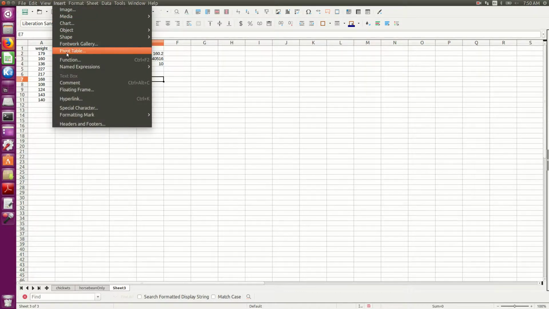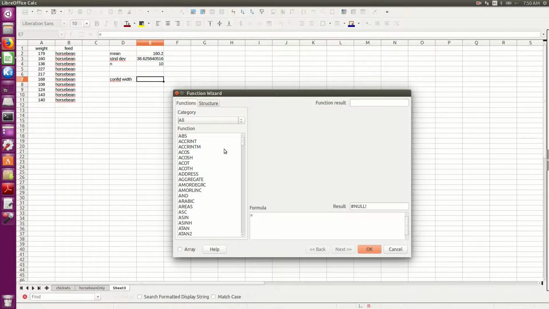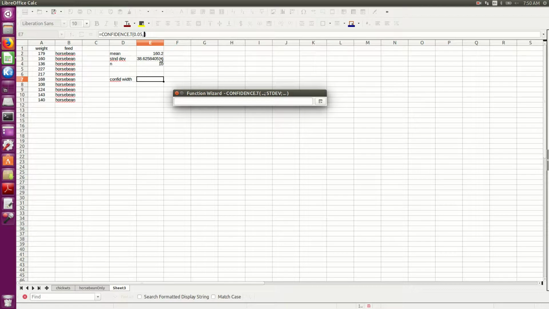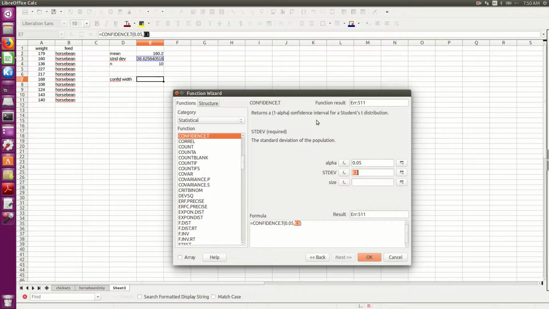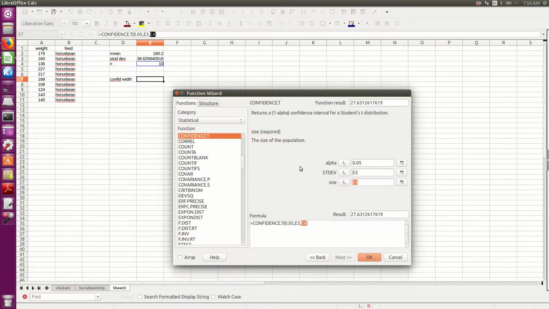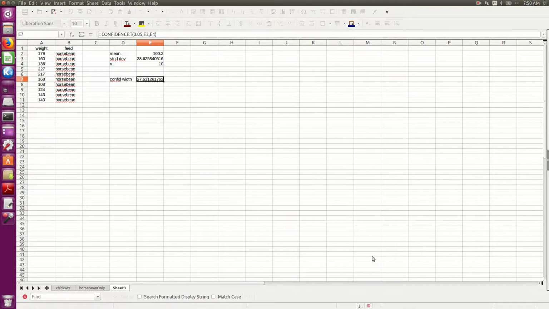Again, if I want to go looking for the function, I can come in here, and it's confidence.T. So we have that, but we need the same things. We need our alpha, so if I want the 95% confidence interval, I can do that. Standard deviation, it's right there, and my sample size, right there, 10, and I say OK.